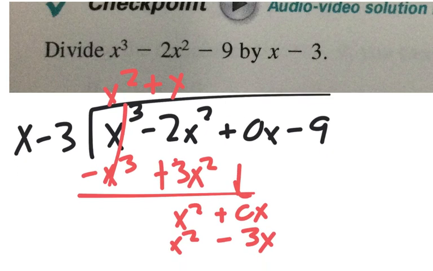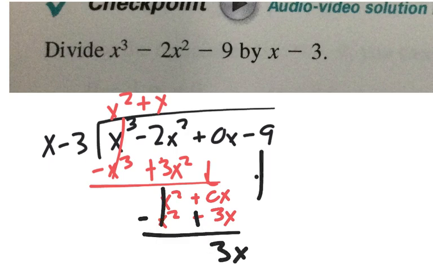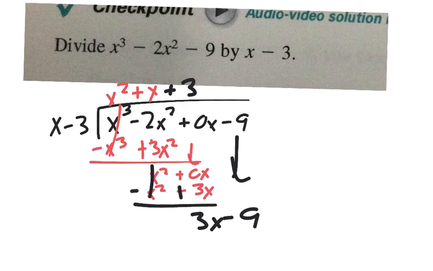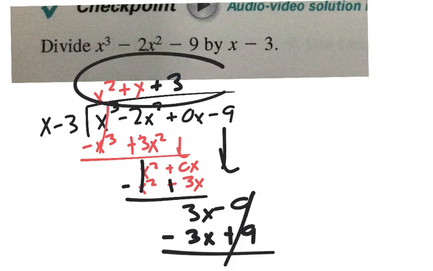I'm going to change the signs. And now pay attention because I'm going fast. I may mess this up. That should be positive 3. And that's going to give me 3x minus 9. Okay. So it worked out, so I probably did it correctly. X squared plus x plus 3?